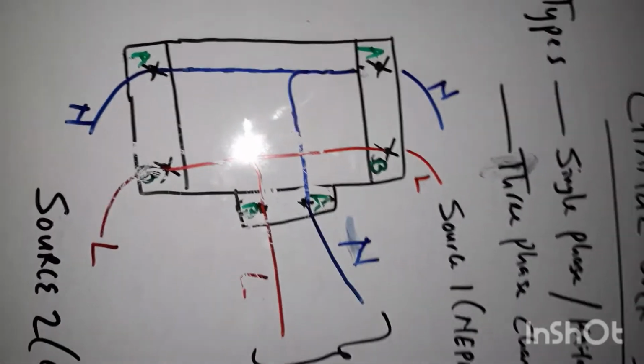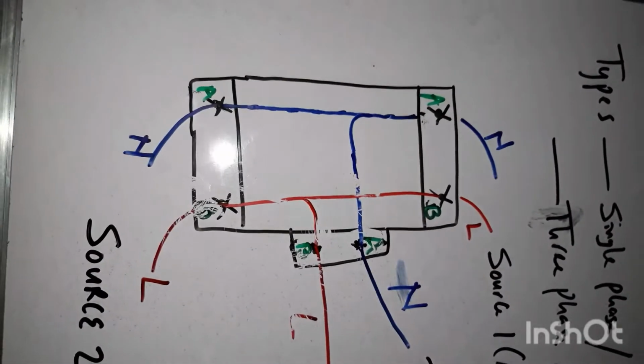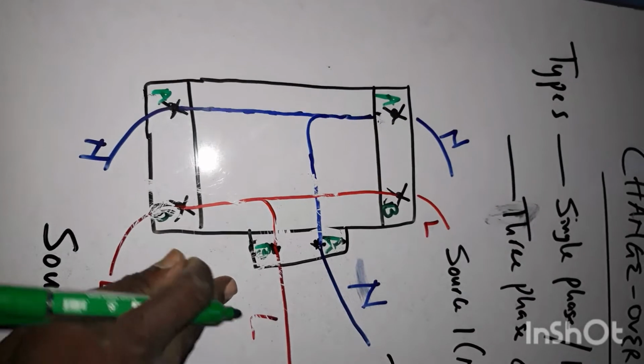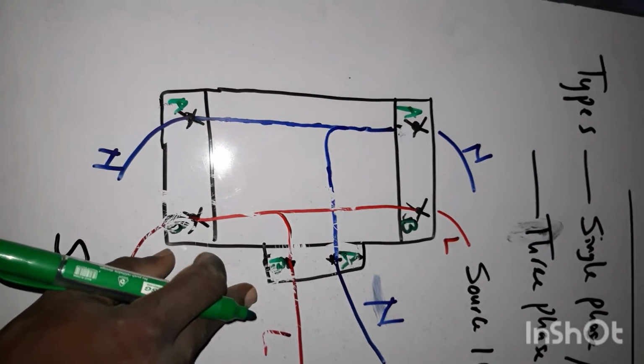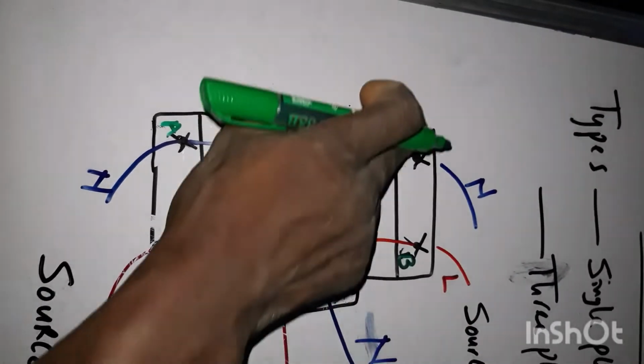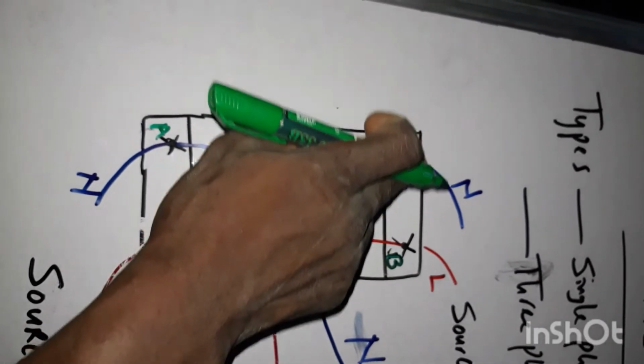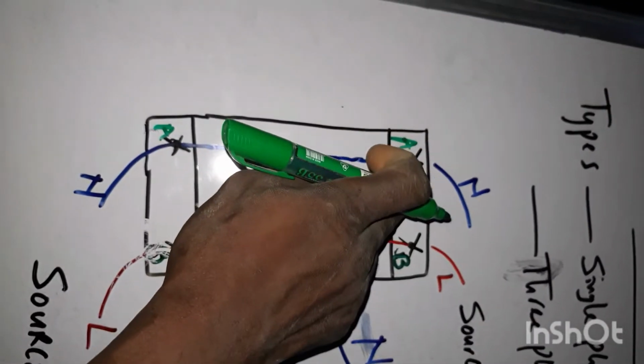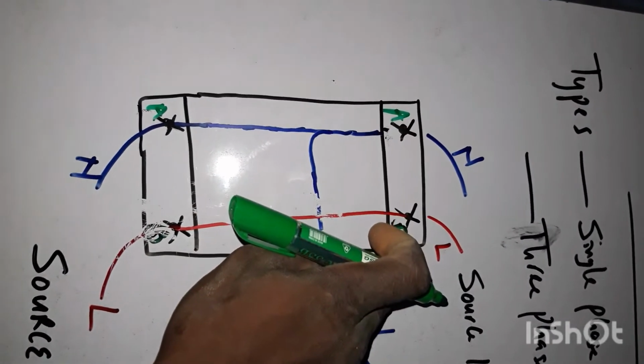Now let me explain how it really works. This is the schematic of a changeover switch. From what we are seeing here, this is the first terminal. Let's assume this is your NEPA side, this is your neutral and this is your live.